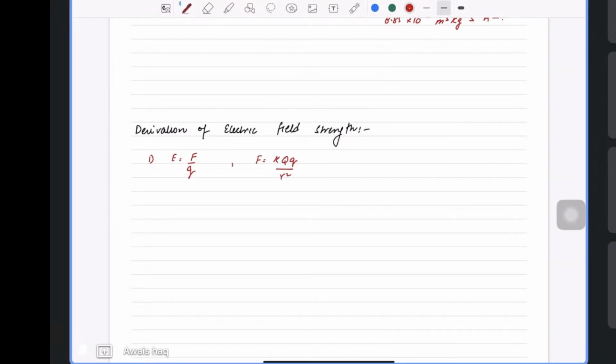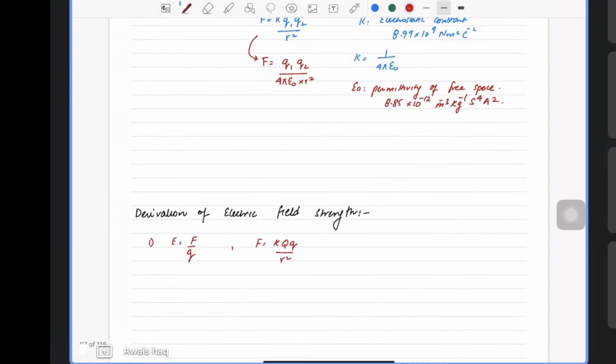Now I've intentionally written capital Q and small q because between these two formulas there is no difference. This is just a way of differentiating that there are two charges, right? So either you can use this or that, it's alright.